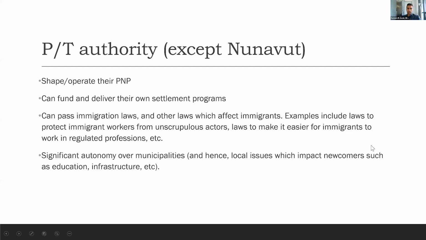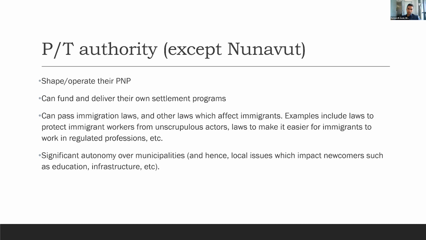The provinces and territories, as I've noted, are able to shape and operate their provincial nominee programs. They're also able to complement IRCC-funded settlement services by funding services of their own. And the provinces, again, this is their constitutional prerogative, have the ability to come up with dedicated immigration laws, as well as to govern in other policy areas which impact newcomers themselves.